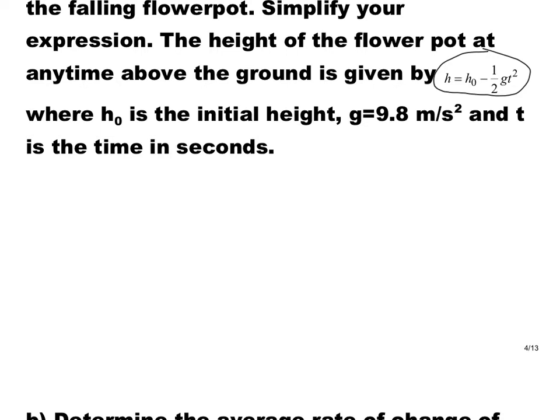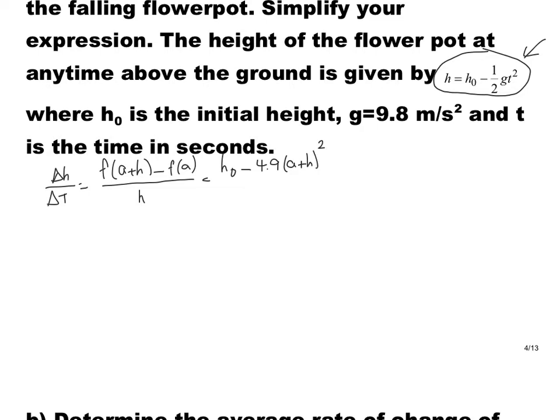So we are going to say delta Y, in this case delta H over delta T, is equal to f of A plus H minus f of A divided by H. Now f of A plus H, the equation is here, so I'm going to replace T with A plus H. So I'm going to get H0 minus, but remember that g is 9.8, so 1 over 2 times 9.8 is going to give me minus 4.9 times A plus H squared.